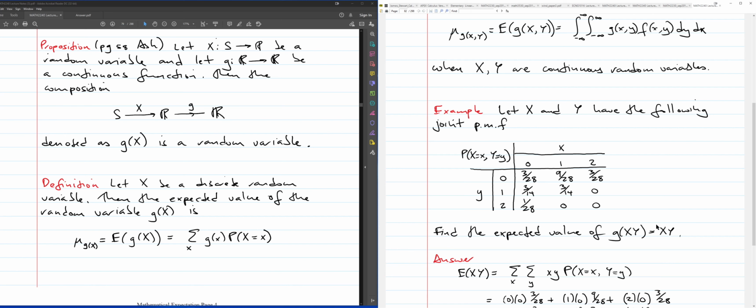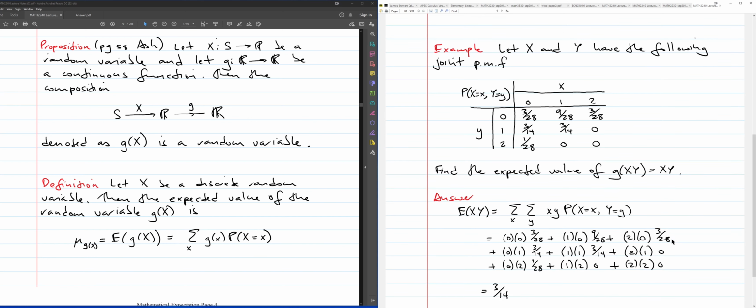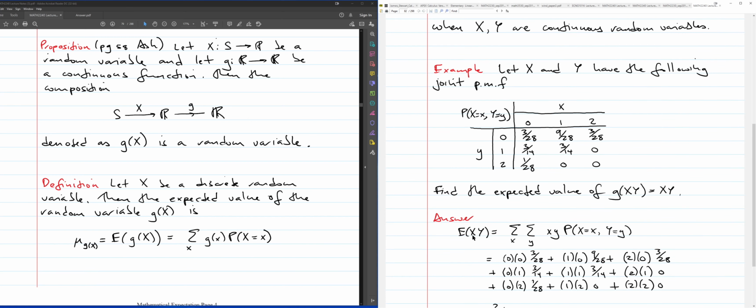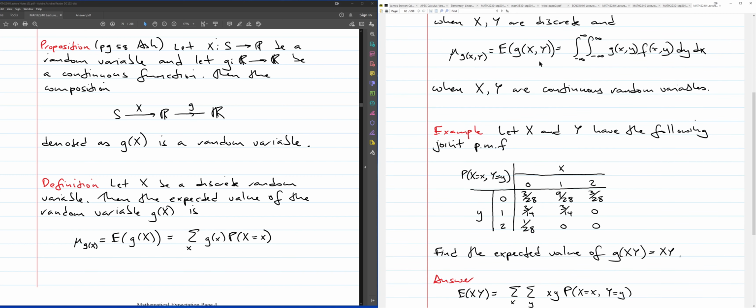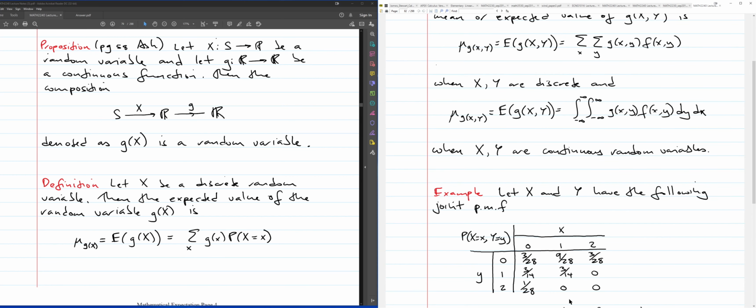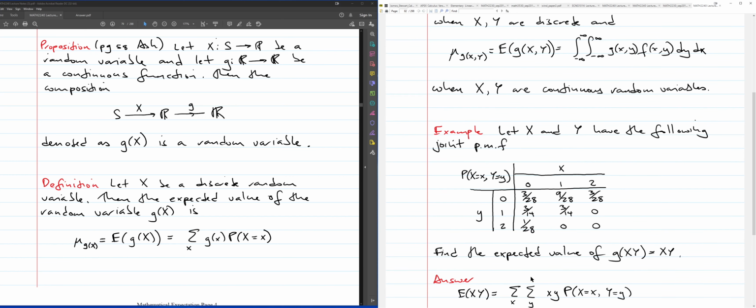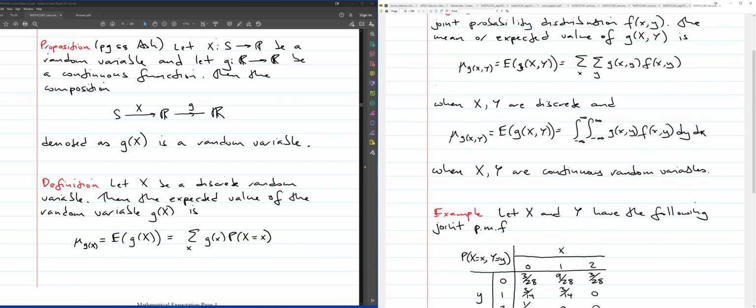The function of the two random variables, in this case, is the product x times y, and what I want is the expected value of x times y. So in this case, the g of xy over here is xy.